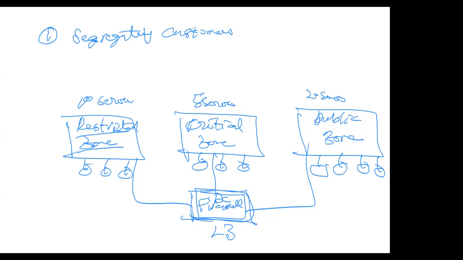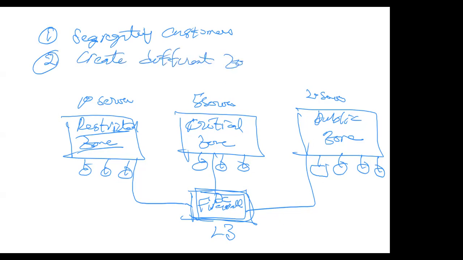VLANs will not be able to communicate together except through the firewalls or layer 3. And of course, I will not allow this to happen at all, except if you have multiple VLANs owned by the same customer, then I can allow it through the router or through the firewall. But one of the features of the VLAN is segregation for the cloud customers, and to create different zones. What do you mean by create different zones?